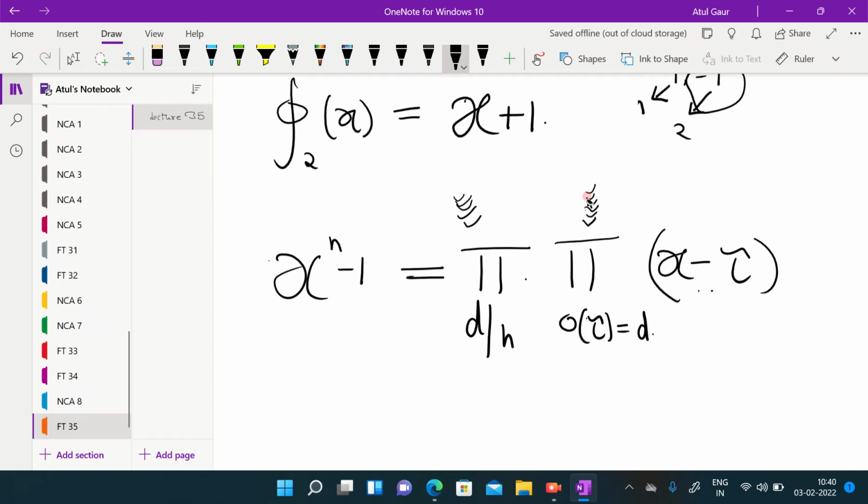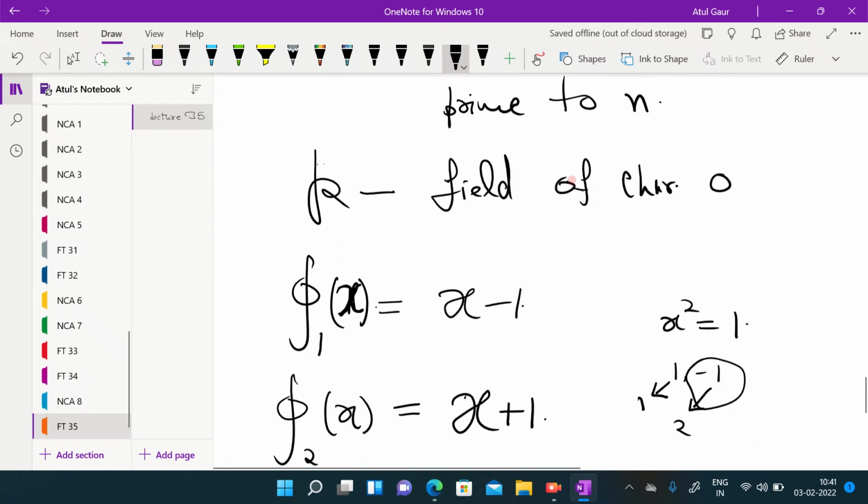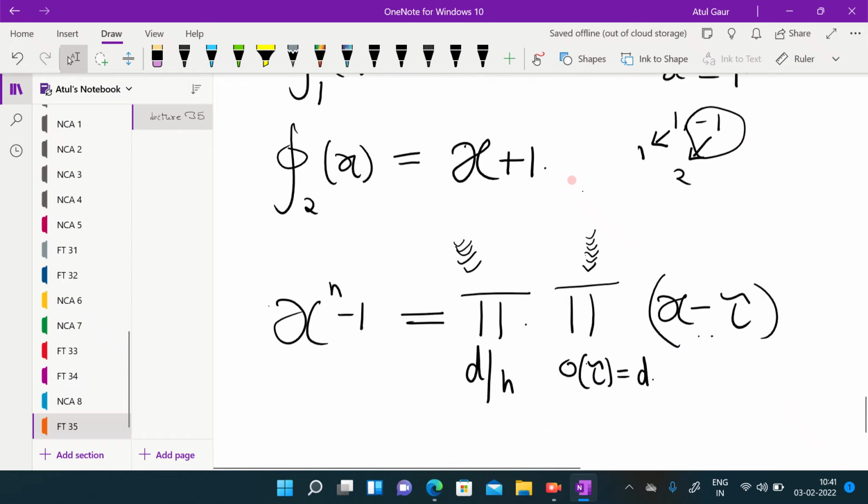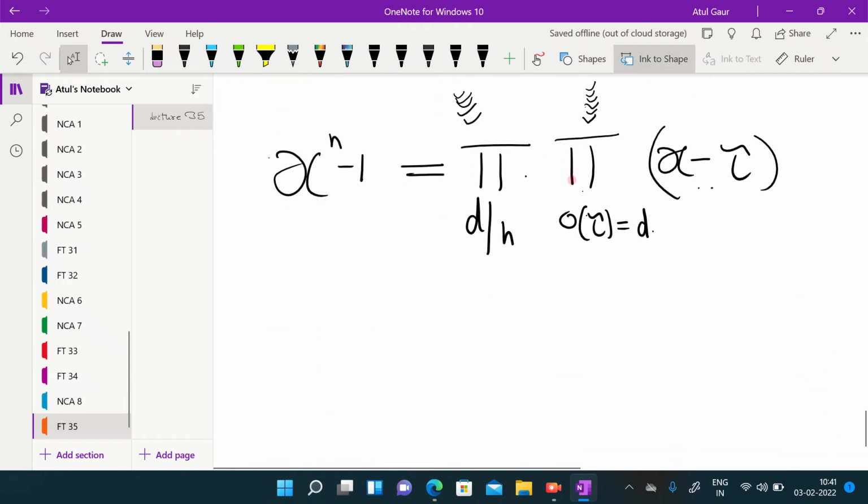Are you getting it? See, you can assume K to be any field of characteristic 0. So this whole thing we are working over a field of characteristic 0. You can assume this safely, right? Now this is what I want to justify, this equality. So try to get this expression first.